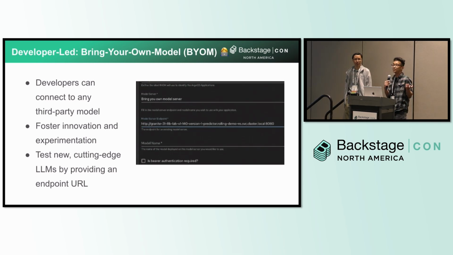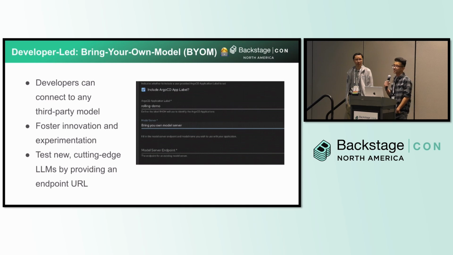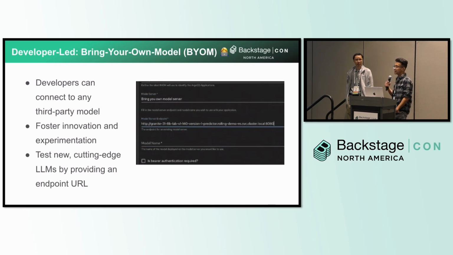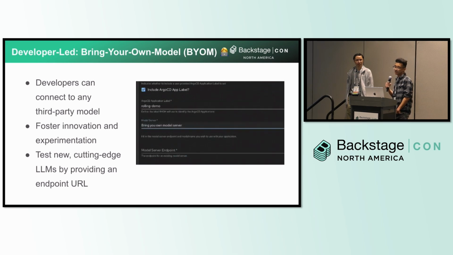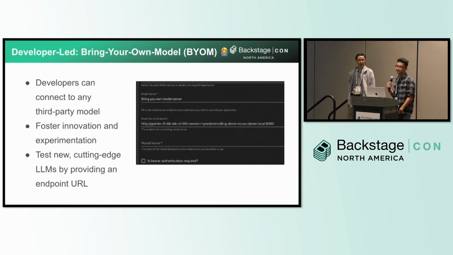A developer can try out new models with their AI applications, and you don't have to restrict yourself to the bootstrapped or the default model or model runtime that comes with software templates. Here's an example where we have a template, and I'm just selecting bring your own model, providing the URL to the model endpoint that's deployed externally, and I just specify, oh, this is the model that's running on that endpoint.